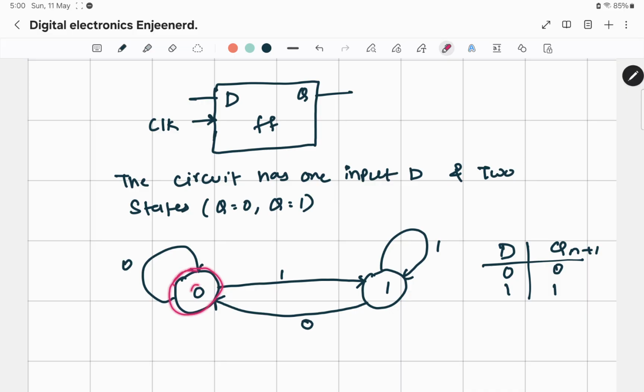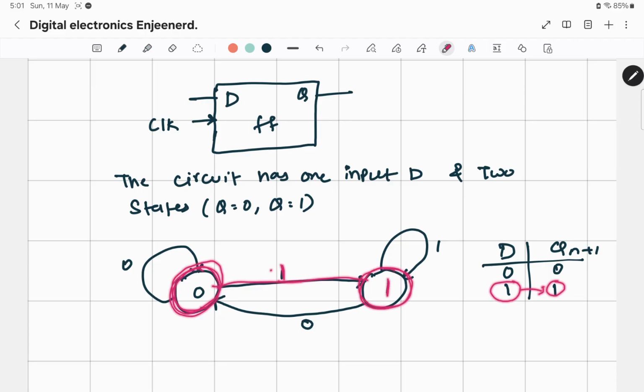My first combination is that I am in state 0. If I am in state 0 and I apply a 0, I will remain in state 0. For the D flip-flop, if I am in state 0 and I apply a 1, I will move to state 1.